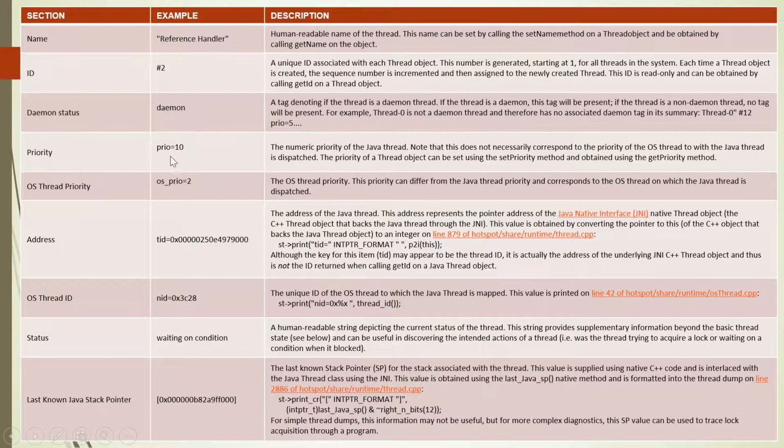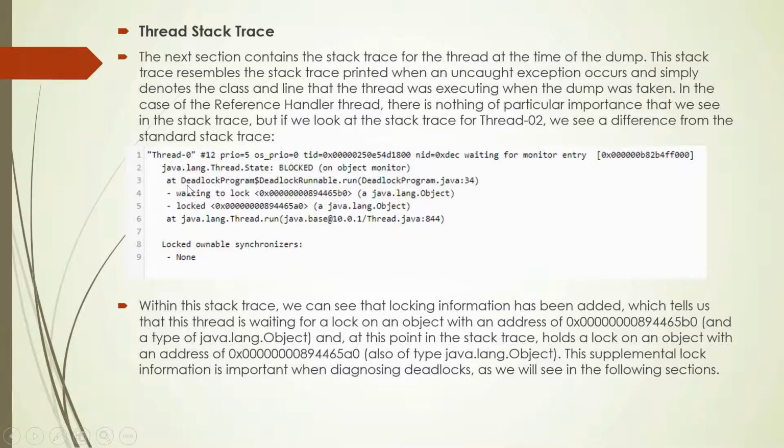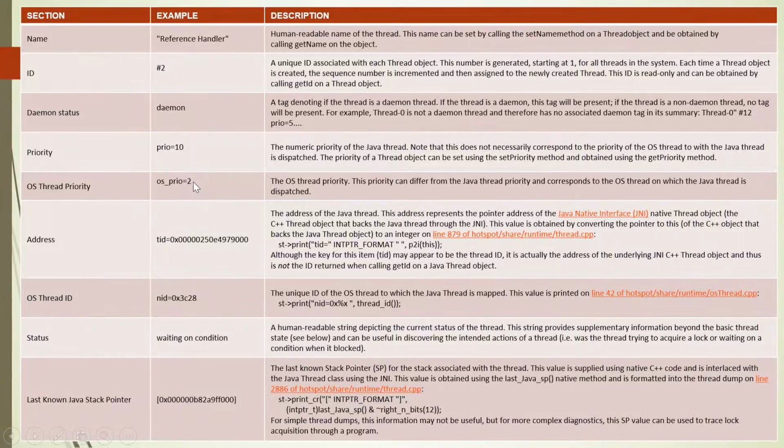Which is your priority. We say prio 10. Priority 10 means it's the numeric priority of the Java thread. This does not necessarily mean how it will run. It is up to the OS to decide. So that comes to the next thing, OS priority. Next you can see OS priority 2.